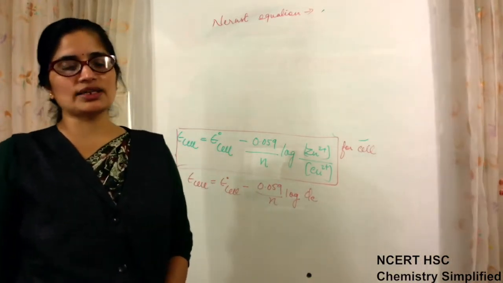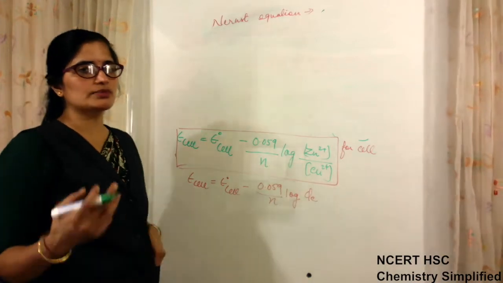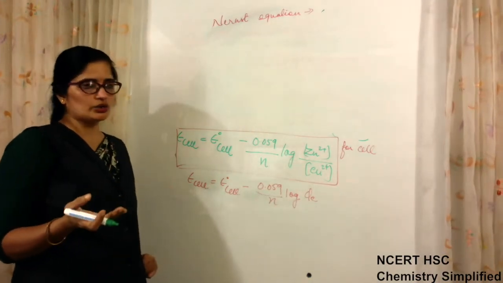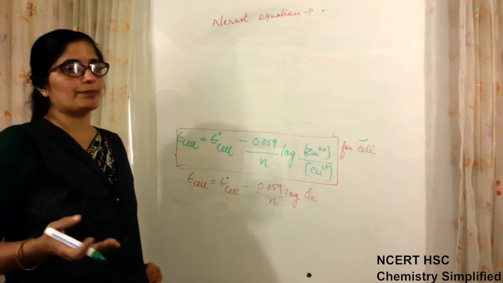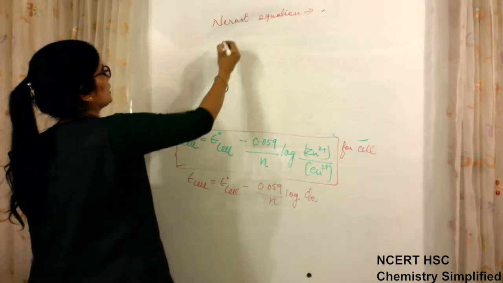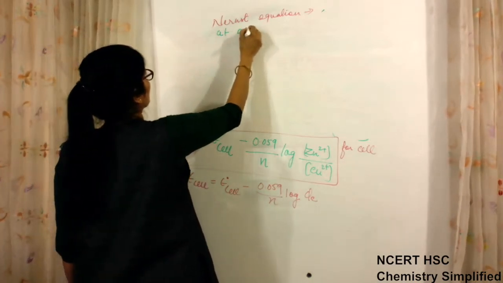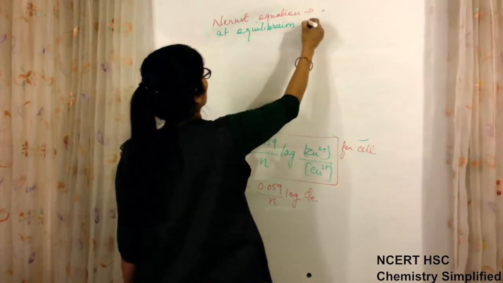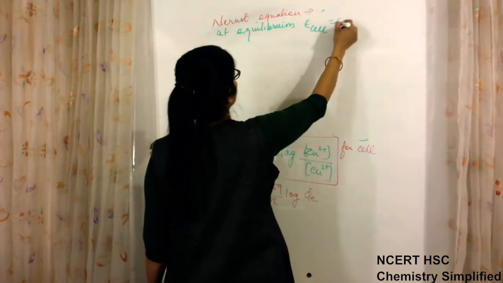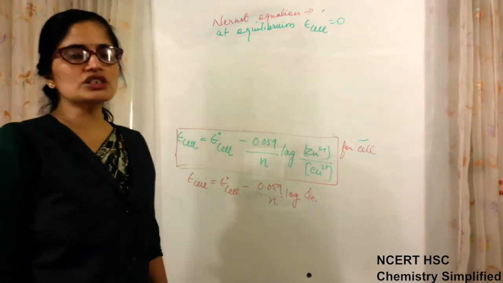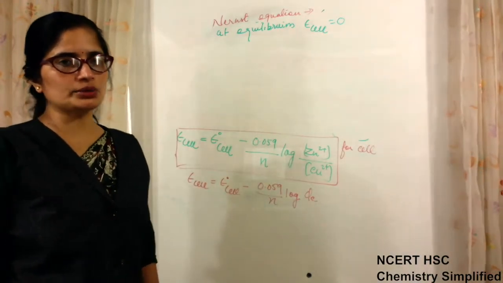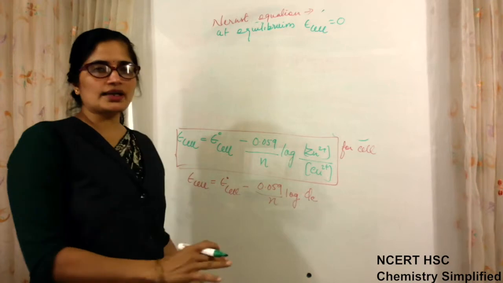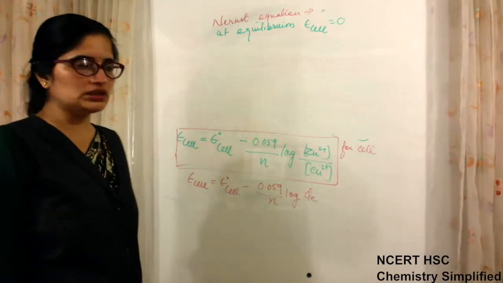Once the reaction has acquired equilibrium, the movement of electrons appears to stop. At that time, at equilibrium, E cell will become 0 because the flow of electrons will appear to stop. Forward reaction and backward reaction will become equal.